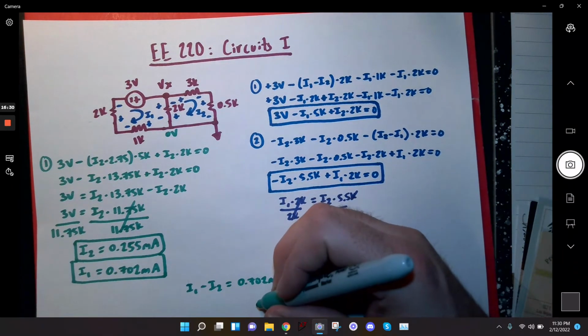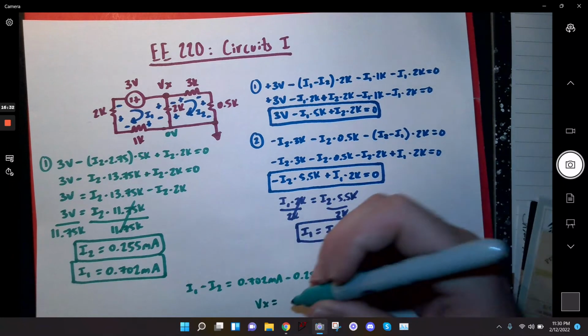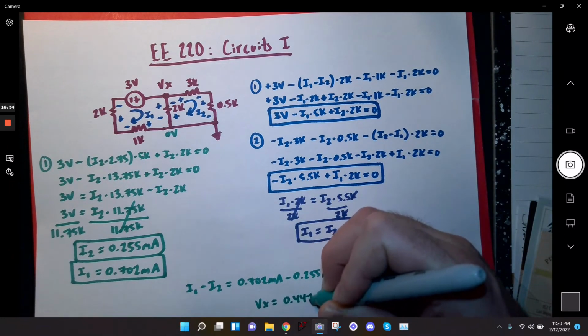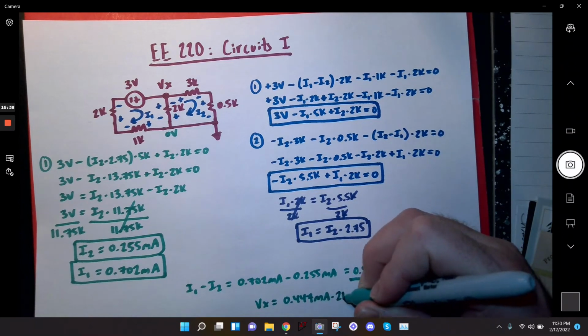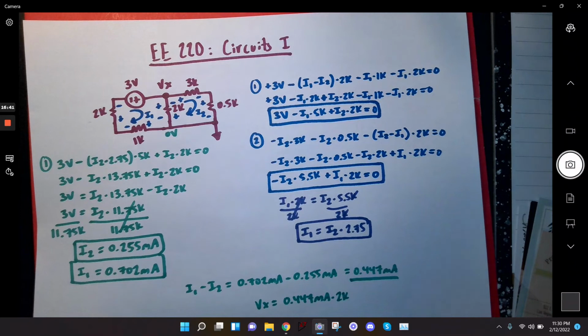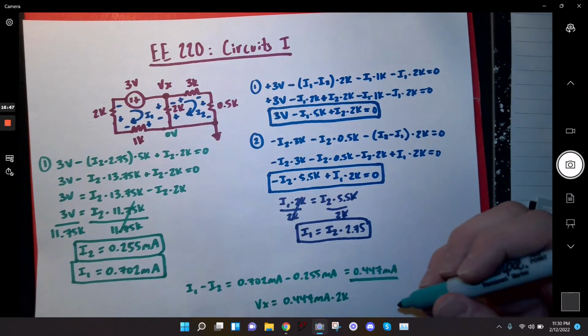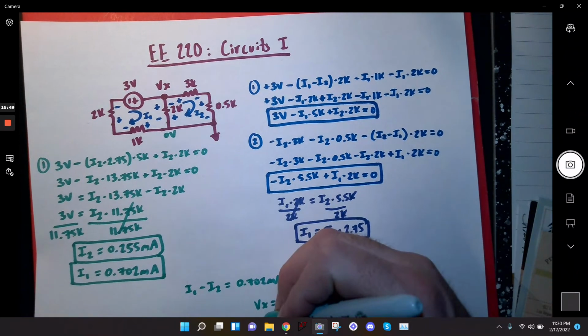So let's say Vx now is equal to 0.447 milliamps times 2K. Basically just going to be double that, and it's going to be volts, so it's 0.893, okay, so 0.894 volts basically.